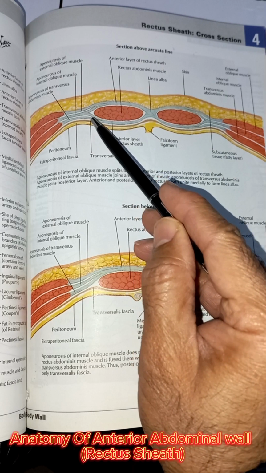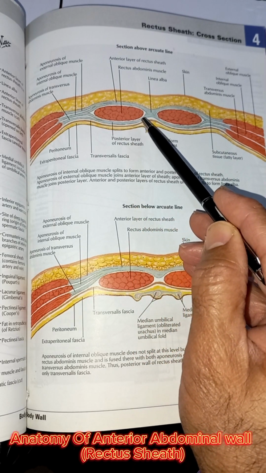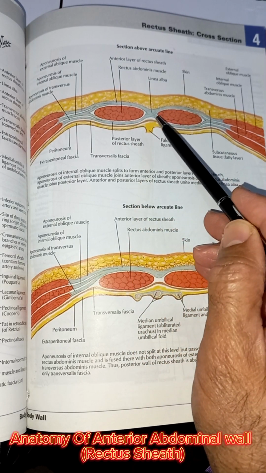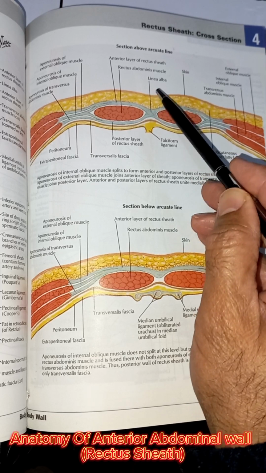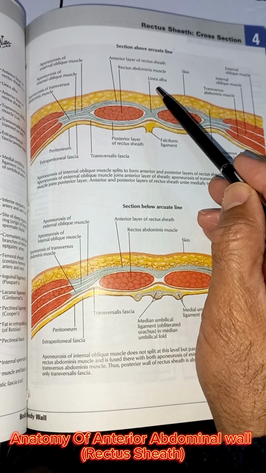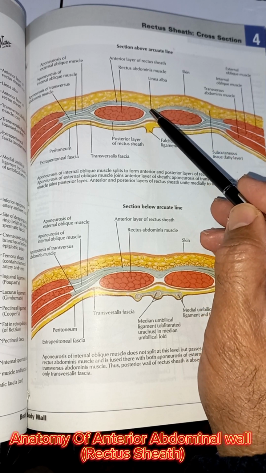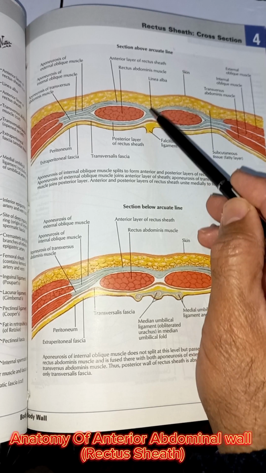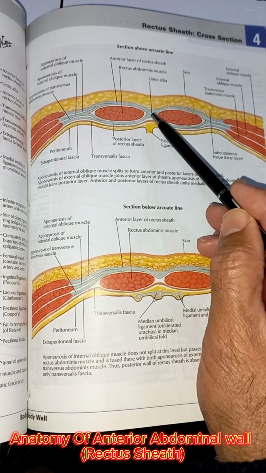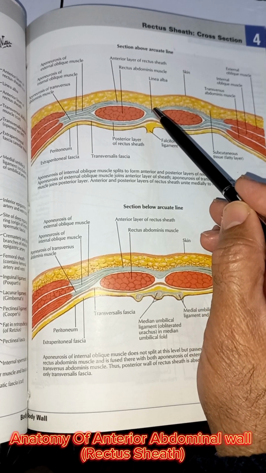Anterior and posterior layers of rectus sheath unite in the midline, forming a fibrous tissue structure which is comparatively avascular. This is called linea alba. This is very important.